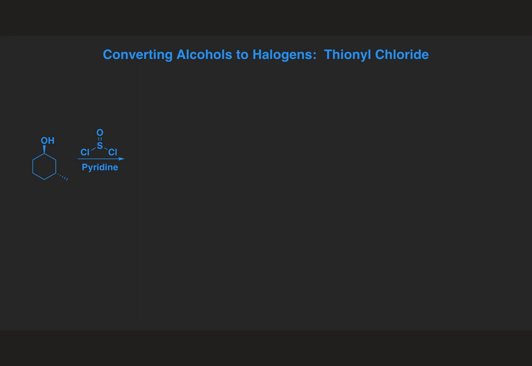At the beginning of this video, we saw that you could convert an alcohol into a chloride using acid. But that often goes through a carbocation, and so it can get messy. An alternative to using acid is to use a reagent known as thionyl chloride, or SOCl2. In this reaction, this alcohol can donate electrons to sulfur, just like we were forming a sulfonate ester, and that sulfur is going to kick some electrons up towards oxygen, like this.